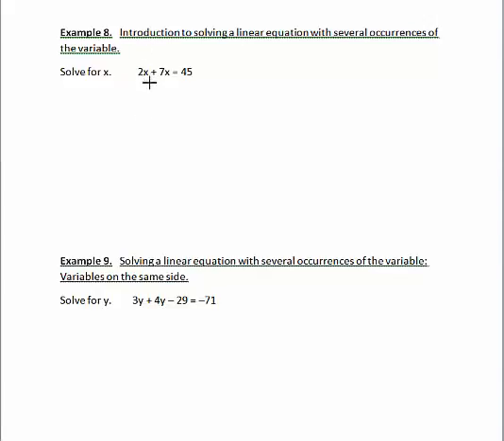So in other words, we simply add the 2 and the 7, and we place an x behind it. 2 plus 7 is 9, and so the left hand side would combine into a 9x, a single term. We'd simply carry down the 45 on the right.